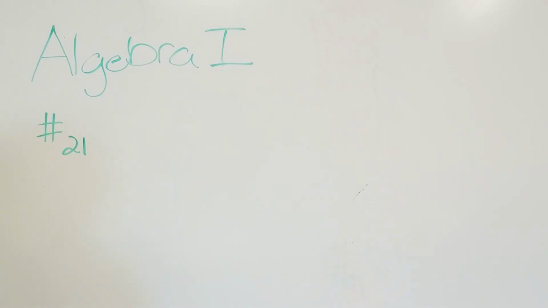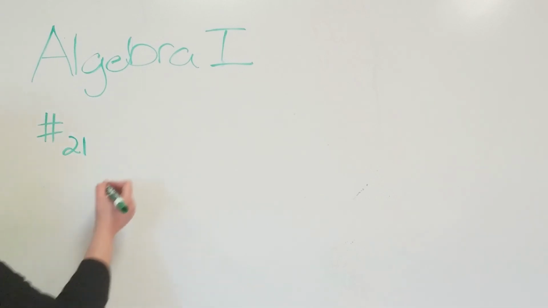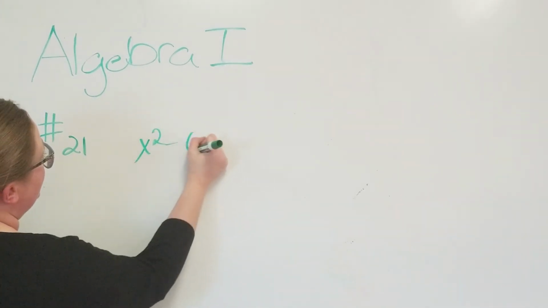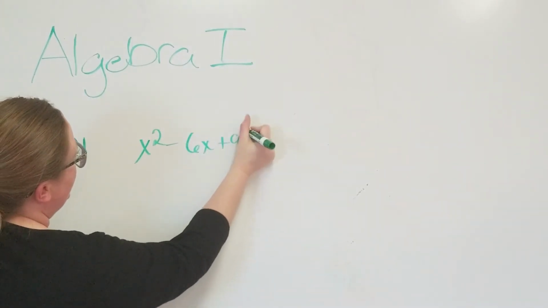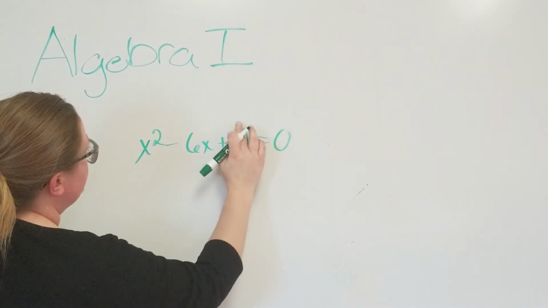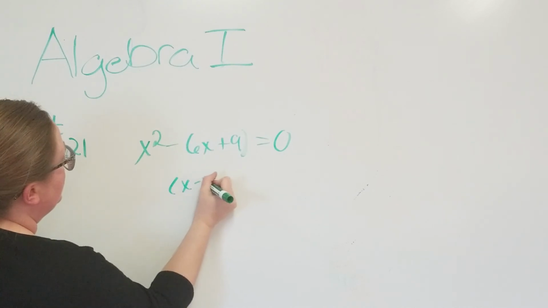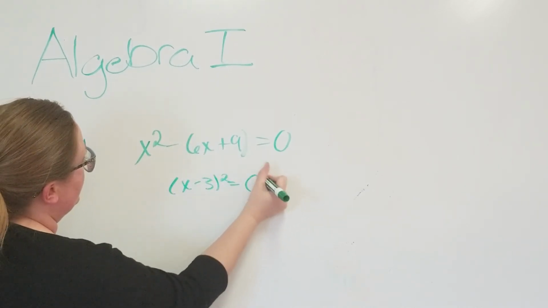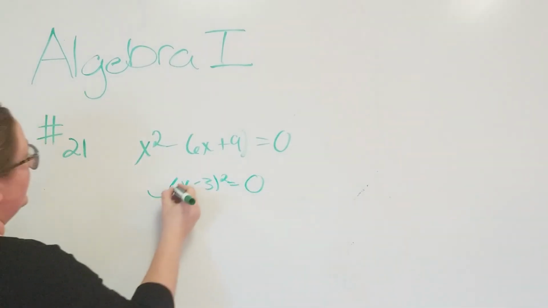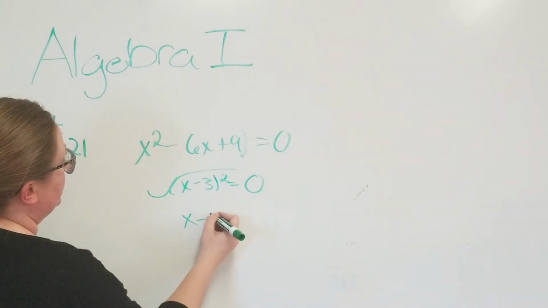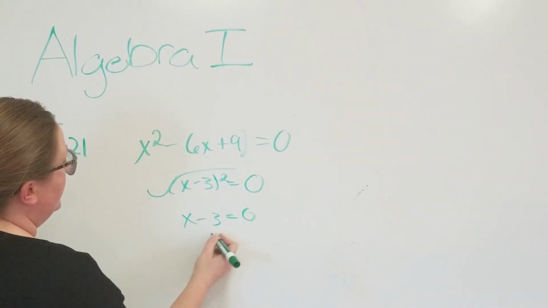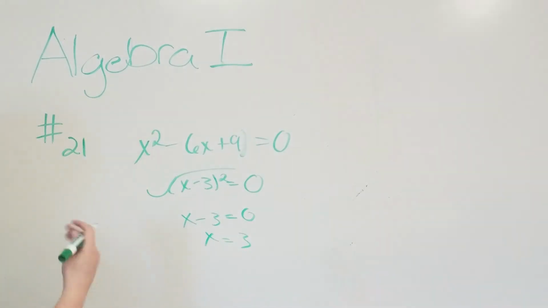And it's going to be x minus 3, right? x squared minus 6x plus 9 would factor to x minus 3 squared equals 0. So if you square rooted this, it would just say x minus 3 equals 0. x equals 3. It's not plus or minus. It only has one solution because that's a perfect square trinomial.